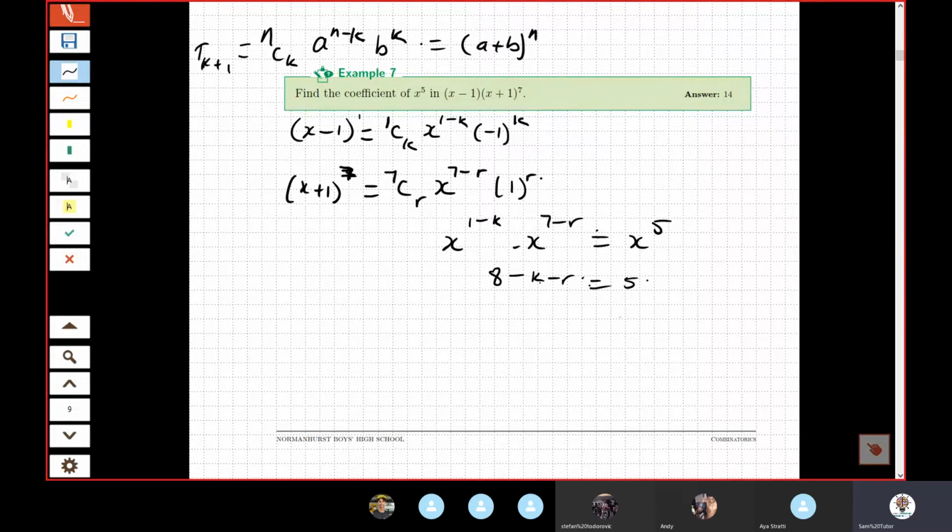All right, let's see what we know. We know 8 take away 5 is 3. 3 equals to k plus r. That doesn't help. If 3 equals to k plus r, it's because of this first one. I would have usually not done that, because that's just the power of 1.